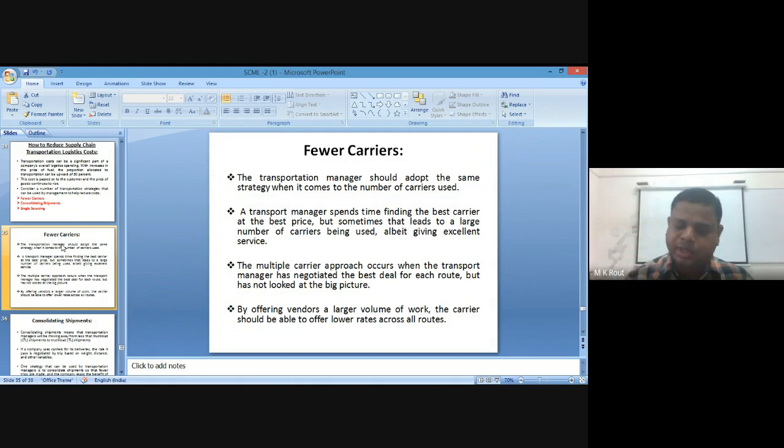For example, if you take Tata Steel, as you know, Tata Steel is a company which assigns only one carrier, known as Sager Transport Private Limited, and this company is responsible for providing transportation facilities for shipment of unfinished steel from the Jamshedpur plant to Vizag port.